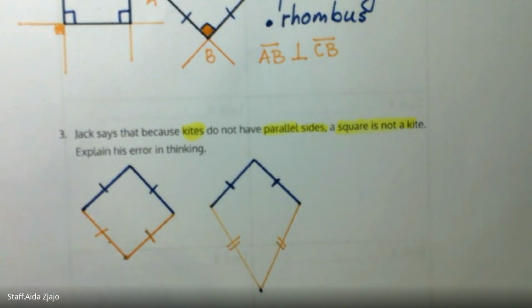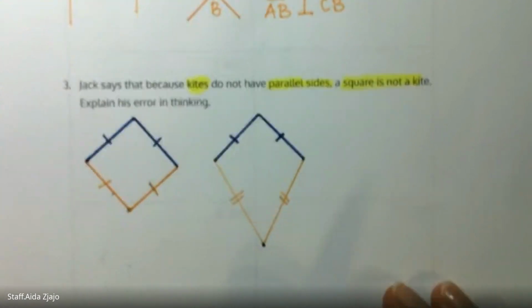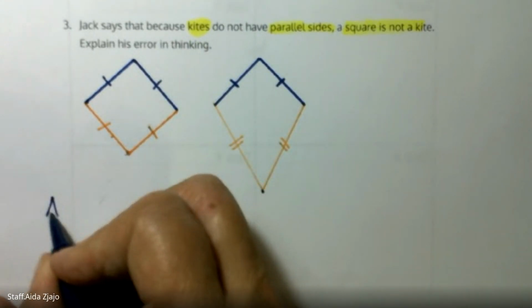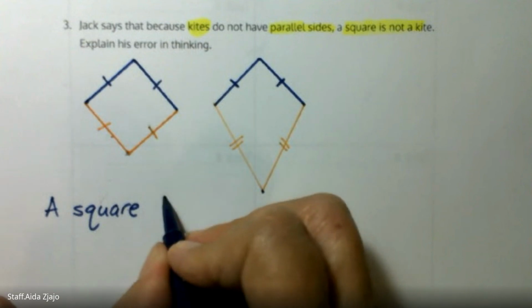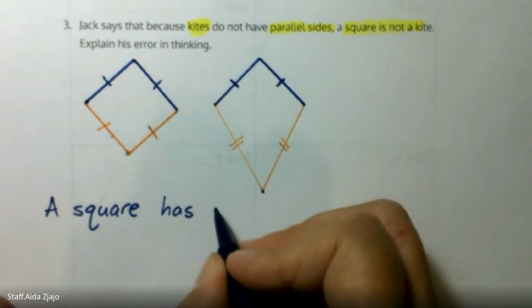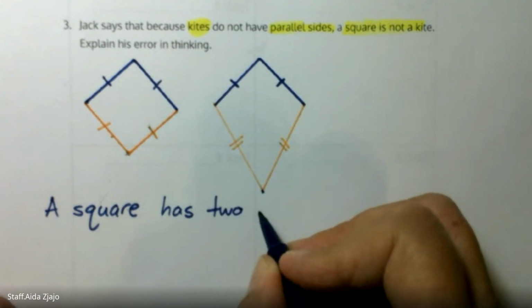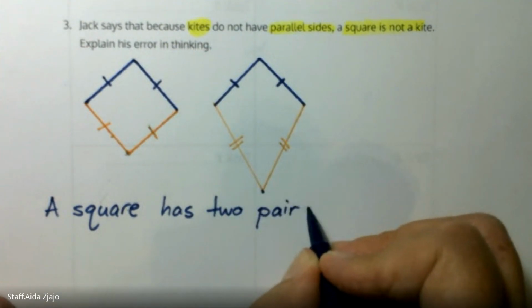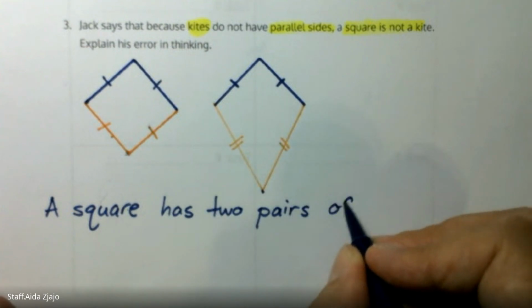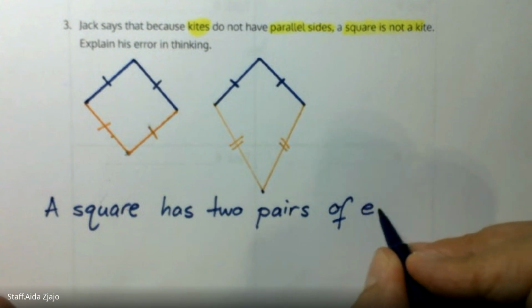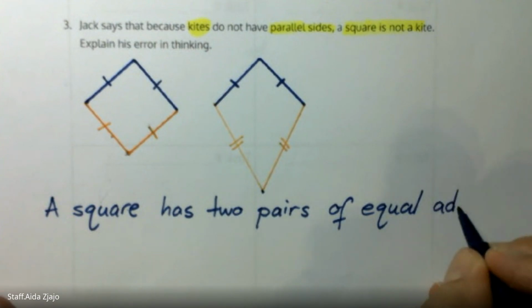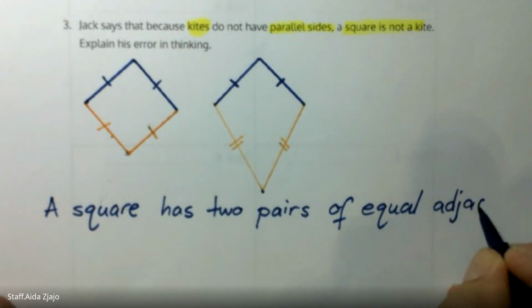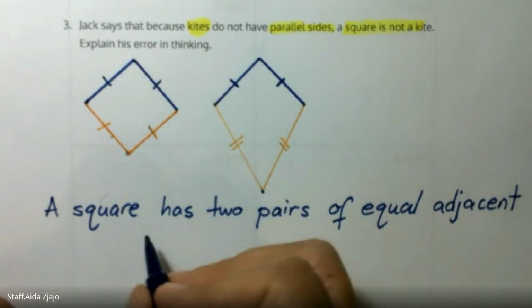So I can write down the explanation. A square has two pairs of equal adjacent sides.